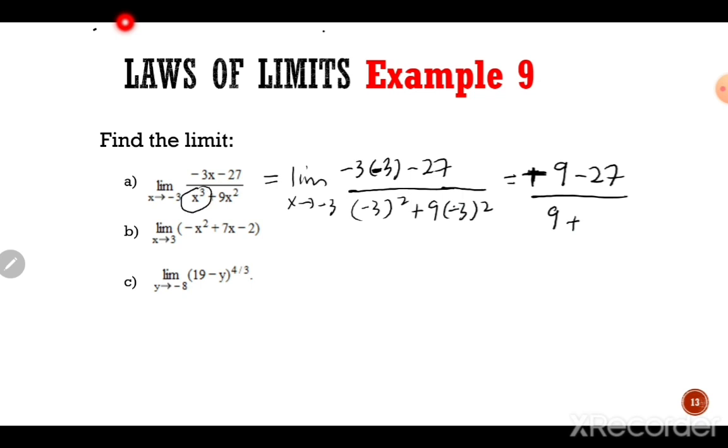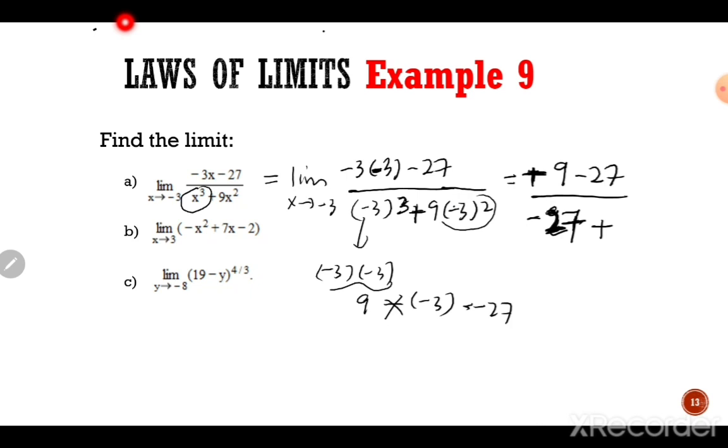-3 kuasa 3 yang ni. So -3 kuasa 3 ni maknanya -3 darab -3, you dapat 9 darab lagi dengan -3, so dapat -27. Bukan positif 9, -27, and then tambah dengan 9 darab -3 square. -3 square is 9 lah. -3 kuasa 2.